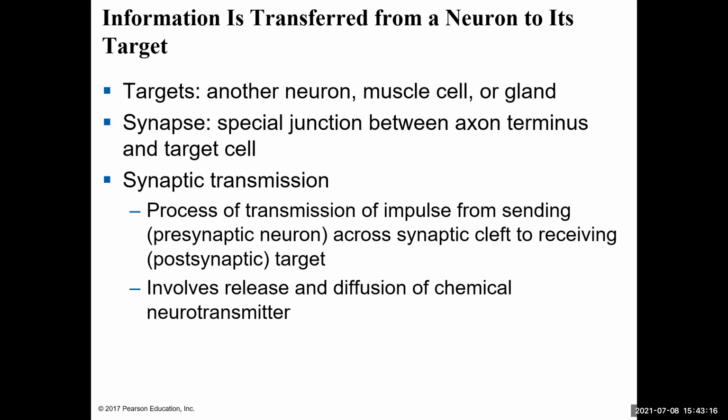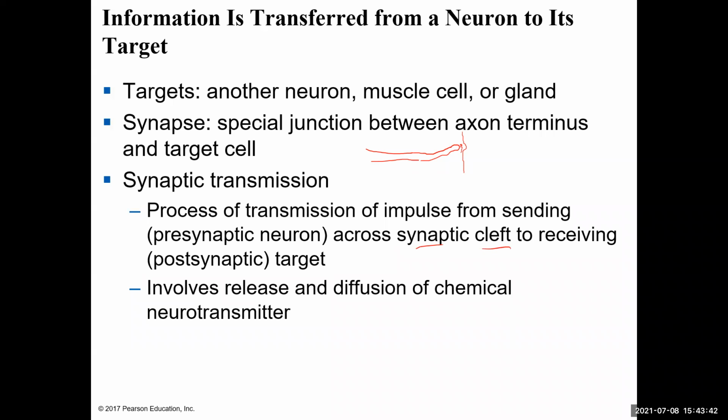Okay. So let's say you have an axon, and then that axon will have an axon bulb, and then let's say you have a muscle cell. So this area is called the synaptic cleft. Okay?